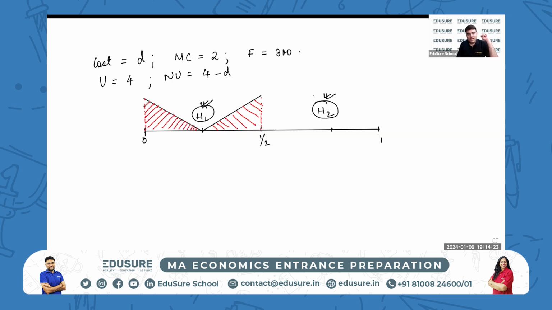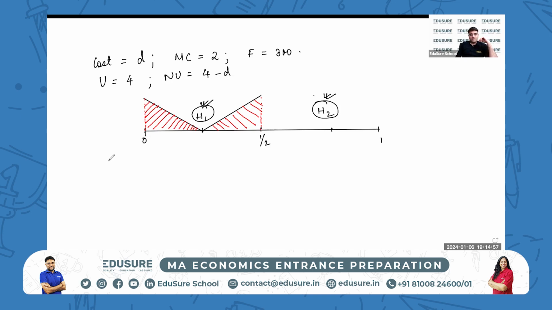This area represents the total cost incurred by individuals to travel to H1, from half to H1. So I need to minimize these 2 triangles.